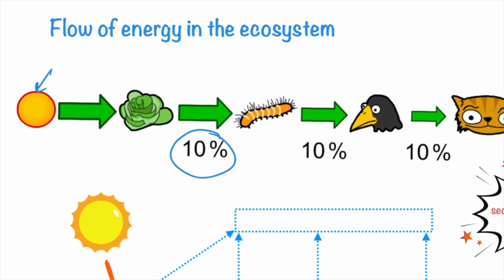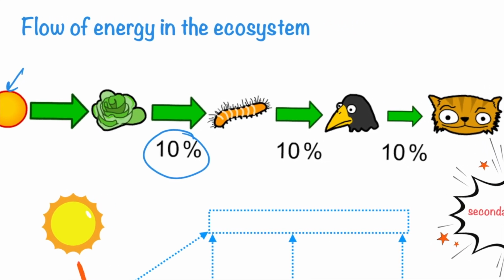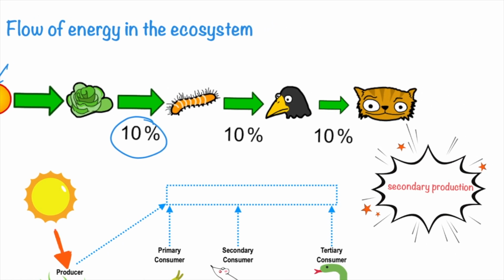Still, we have a lot of waste of energy. So energy is continuously lost along the food chain. This is why we have very little energy left at the end of the food chain. So that's why you wouldn't expect a food chain of more than 5 levels, because very little energy is left at the end of the food chain.